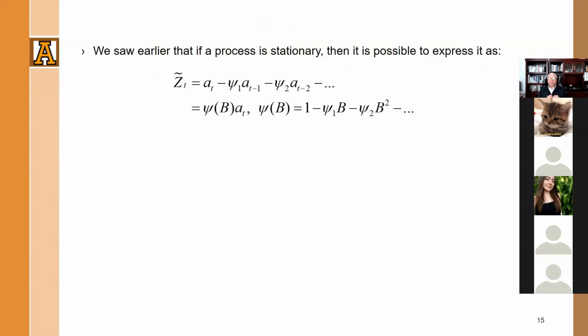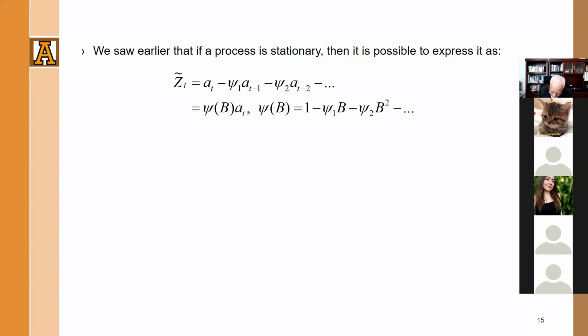Now, we saw earlier that if the process is stationary, then we can express it as a linear combination of white noise in the time t minus 1, time t minus 2, and so on. We saw it with the AR1 process, right?